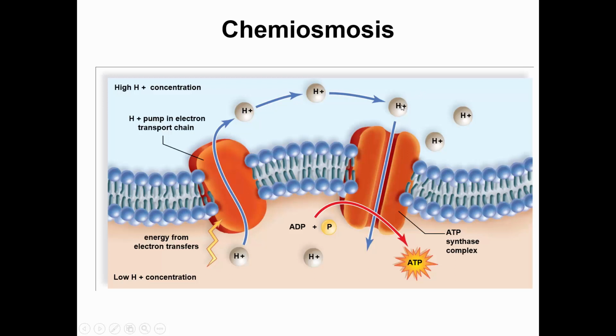The hydrogen ions flow back through this cluster of proteins referred to as an ATP synthase complex. And as those hydrogen ions go through, we use the energy that they are releasing to take ADP, add one additional phosphate, and make ATP. So the ATP that's formed in your body is formed as a result of this process of chemiosmosis.